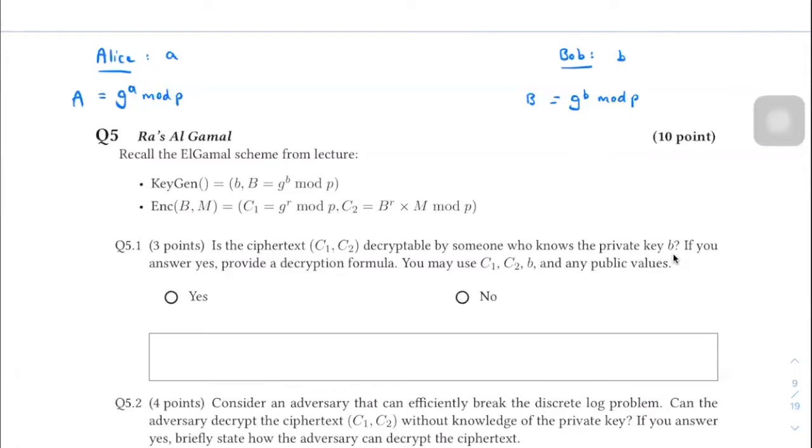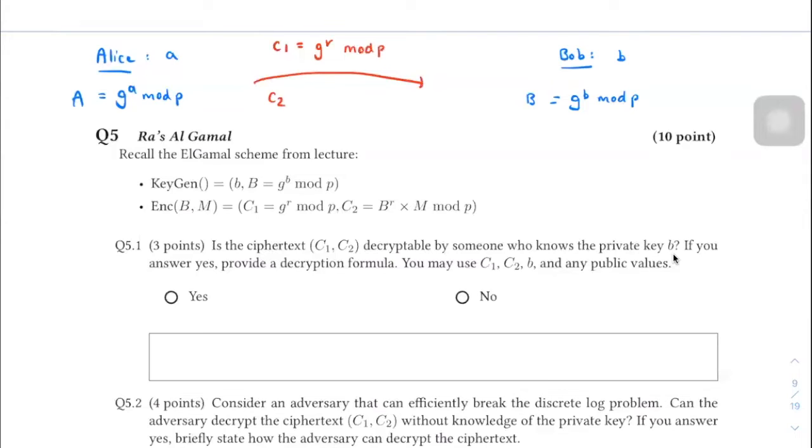So for Alice to send a message to Bob, she first has to choose some random value R, and then she's going to send her ciphertext in two parts. She's going to send C1, which is essentially G raised to the power of that R value, mod P, of course.